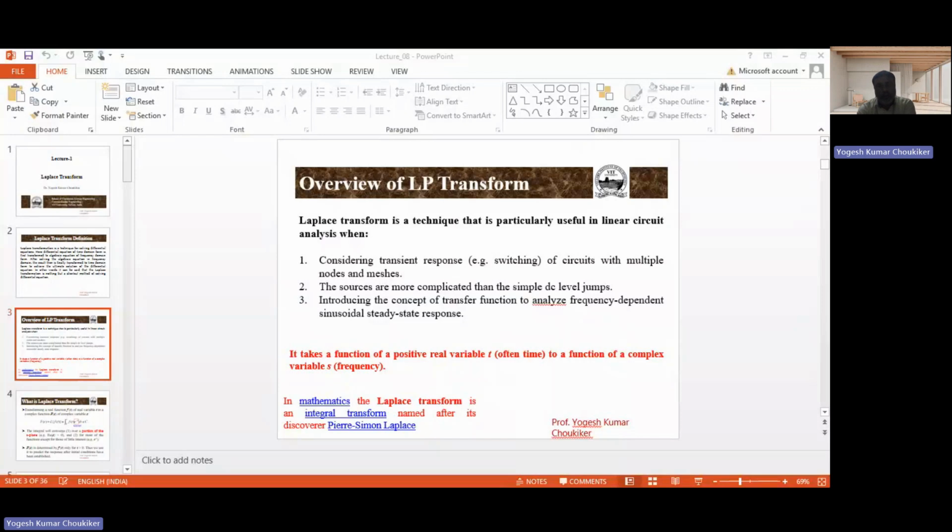So finally, we are doing the solution for the case of Laplace with zero initial condition. Right? So what is the meaning of zero initial condition?